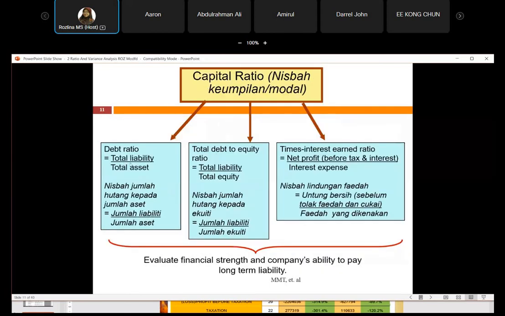Capital ratio. So capital may be the debt ratio or total debt to equity ratio. The debt ratio compares to the asset, while the total debt ratio compares total liability to equity. And also the times interest earned ratio. This one is to see the financial strength and the company's ability to pay the long-term liability.